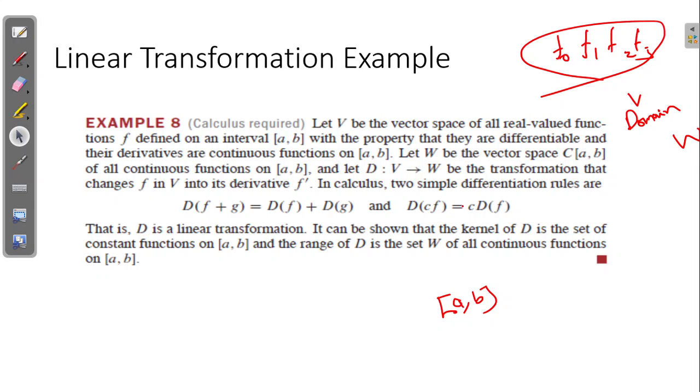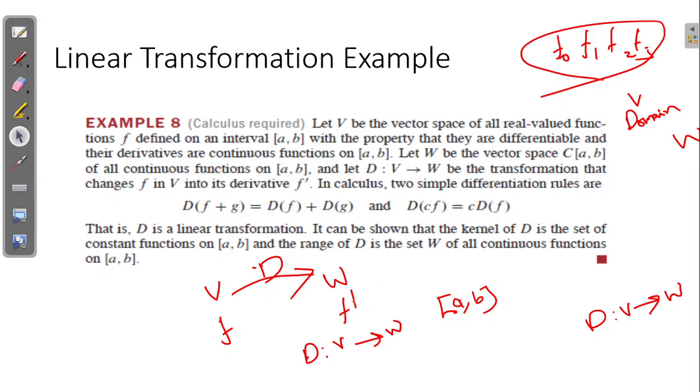And let D be the linear transformation from V to W that changes an arbitrary function F in V into its derivative F dash. This is what the transformation D from V to W means.